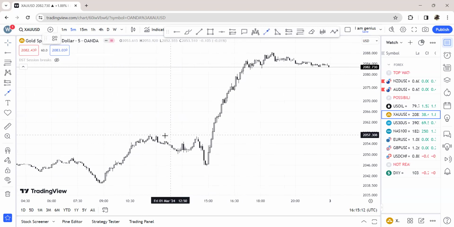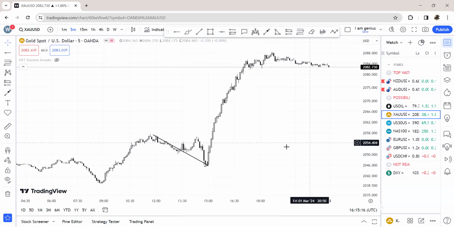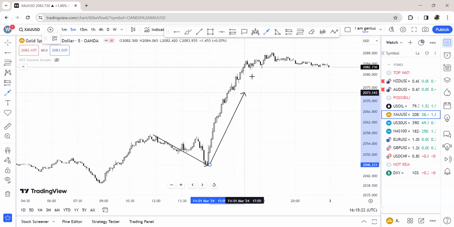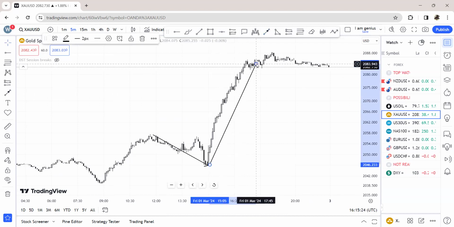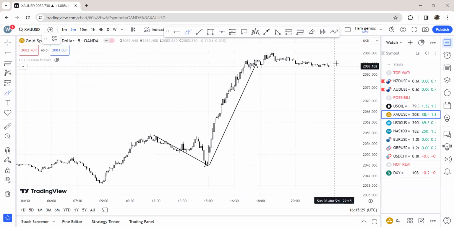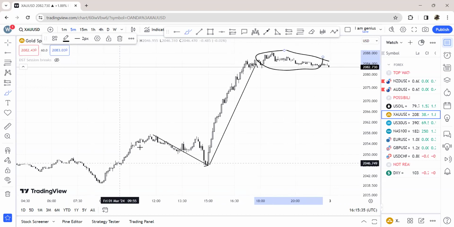So you analyze the DXY like you're about to trade it, and then the direction you form your bias towards, just trade the opposite when you come to gold. You can see there's some kind of consolidation here, but overall, we can see that gold was pushing to the upside. So you can use the DXY now to be your confirmation.